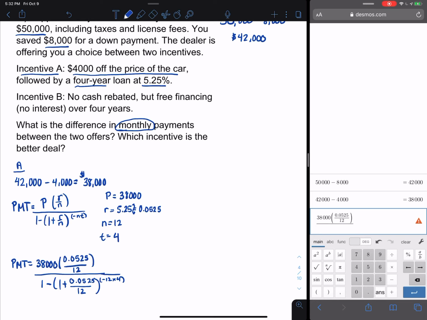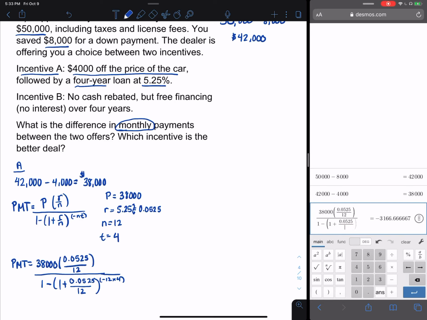I'm going to go down to the denominator, 1 minus, open a set of parentheses, 1 plus, 0.0525 divided by 12. Hit the right arrow and close those parentheses. Raise it to a power, so hit that a to the power of b. Open parentheses, negative 12 times 4. Close the parentheses and hit enter.